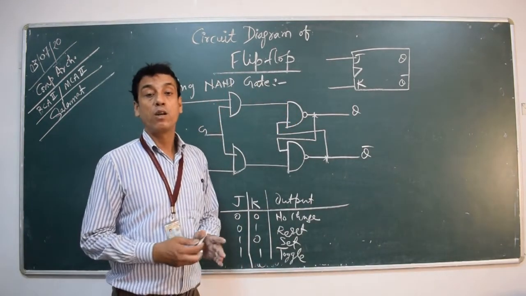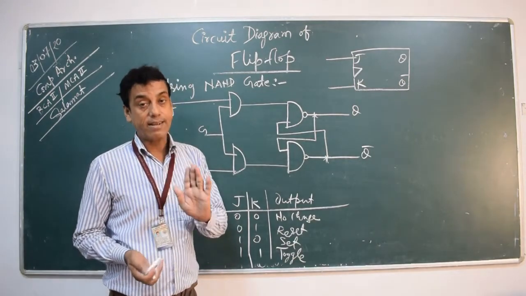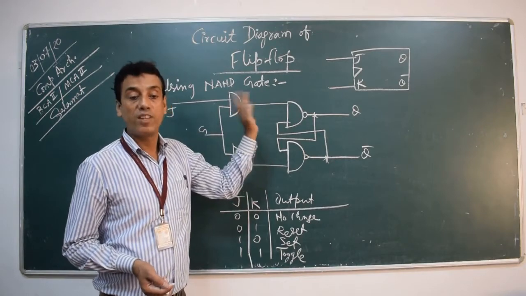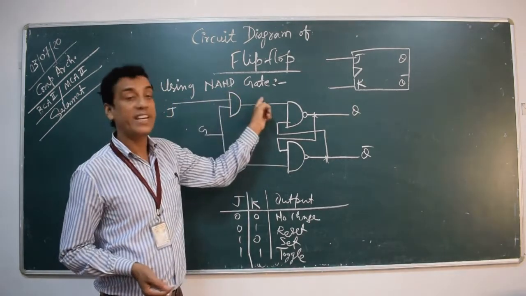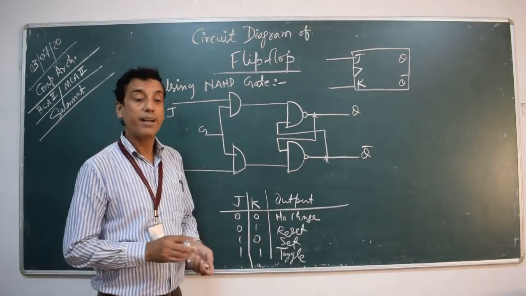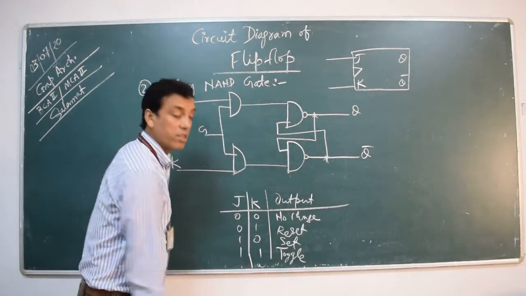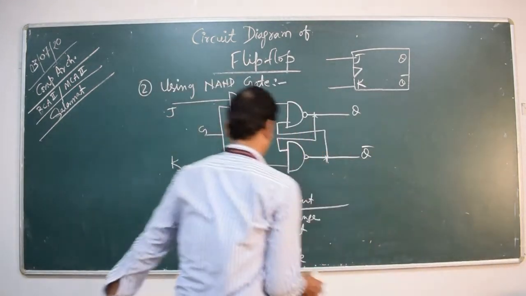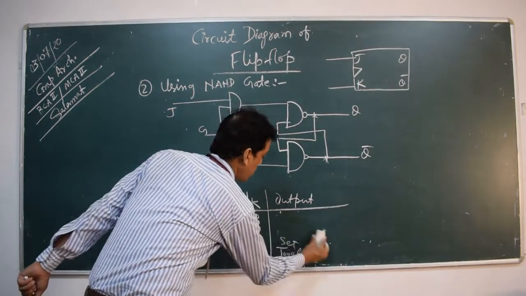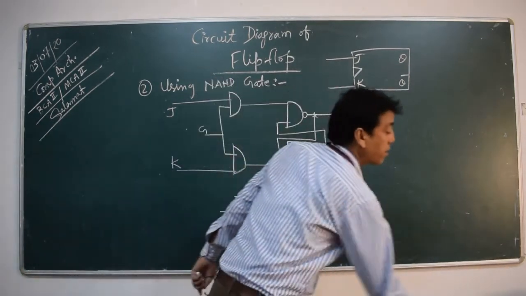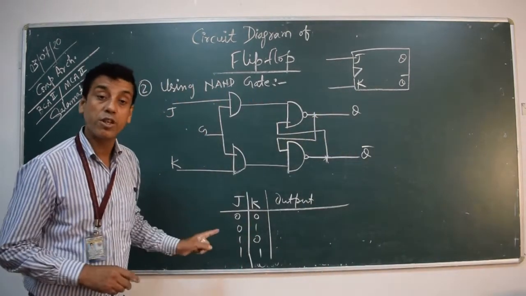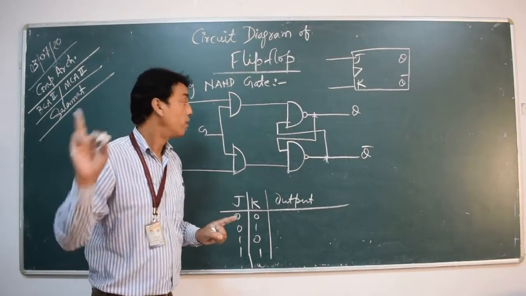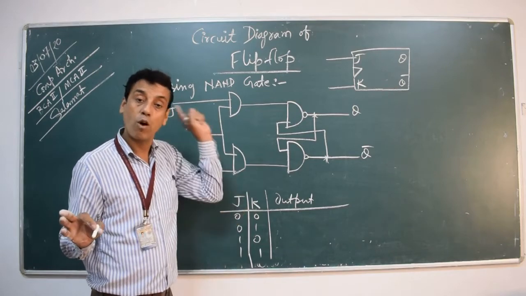See, when we go for the second possibility of flip-flop design, which is the flip-flop using NAND gate, then we find this truth table is not correct. We need to make some changes. What changes? 0, 0 was the no change state in the case of flip-flop of NOR gate.